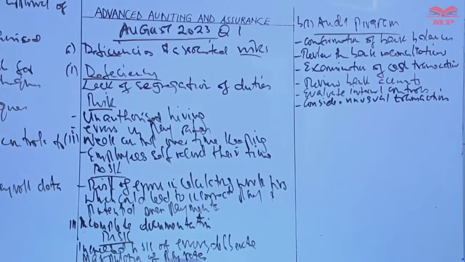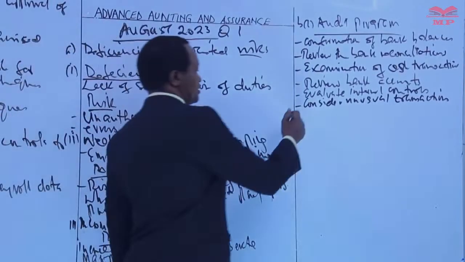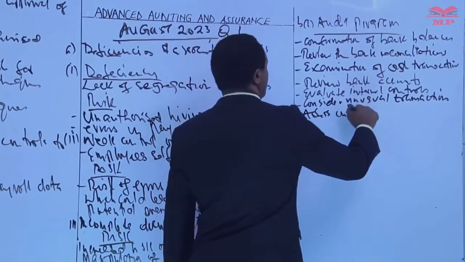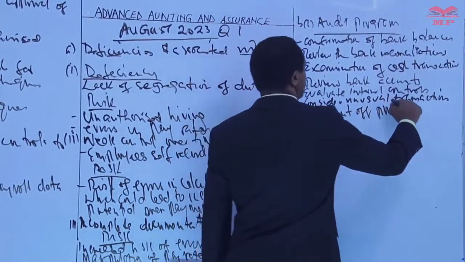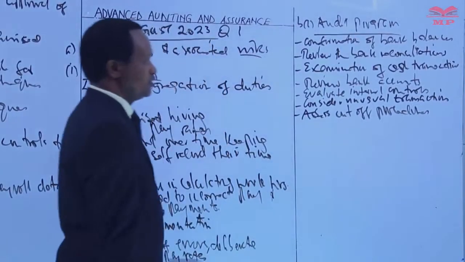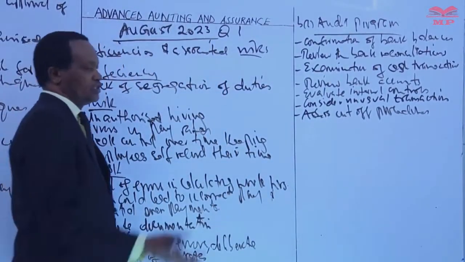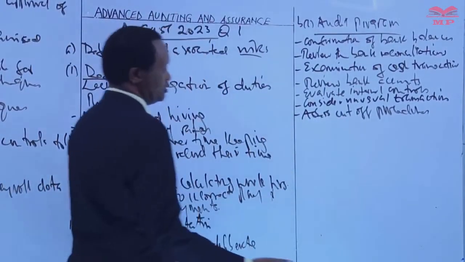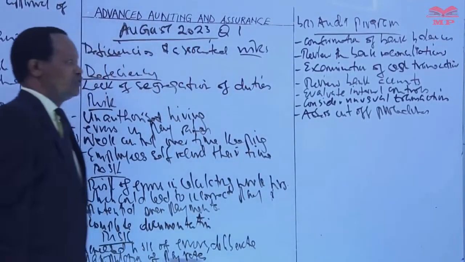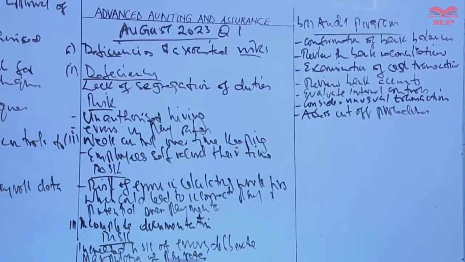All right. Assess cut-off procedures. The checks for December 2022 should be related to December 2022. They should not be recorded in January 2023. Assess cut-off procedures.